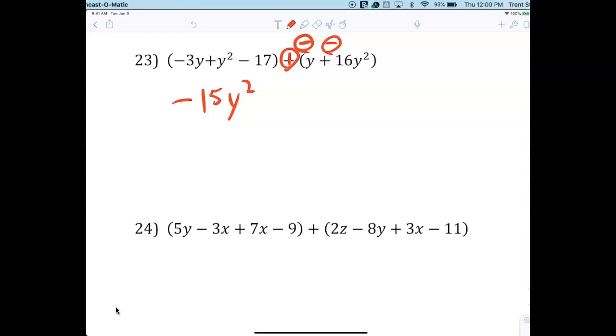Plus 2y. Negative 3 minus 1. Negative 4. You're amazing. And then what? Minus 17. All right. I'm not worried about you at all tomorrow. Trust me. Not one bit.